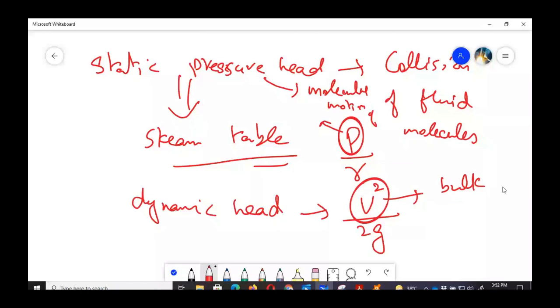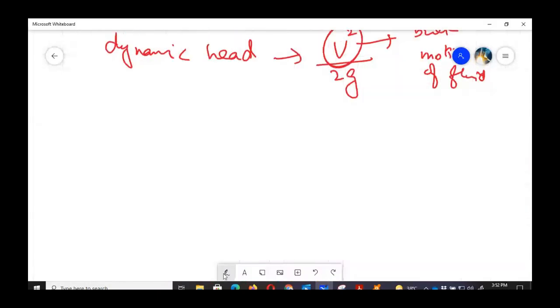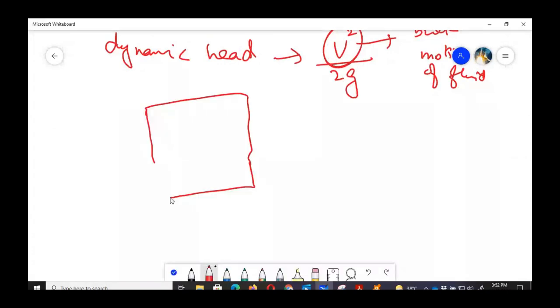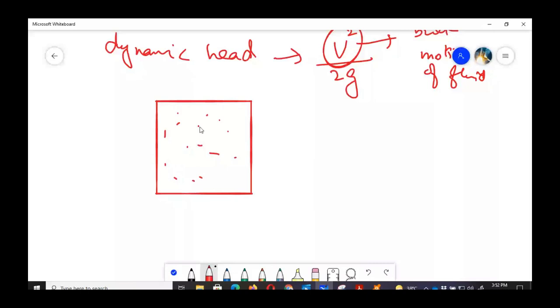Let me give an example, maybe you can understand that. If we have a room in which we have a certain gas, it is not going to move in a particular direction, and there is a pipe which we have closed with a valve. When the room is closed, the pressure exerted on the wall due to molecular collision with the wall would be static pressure.